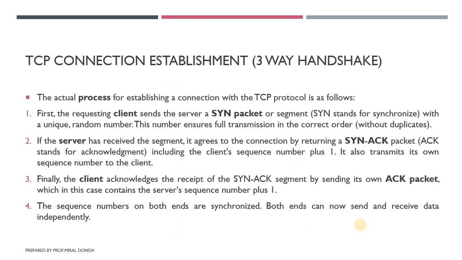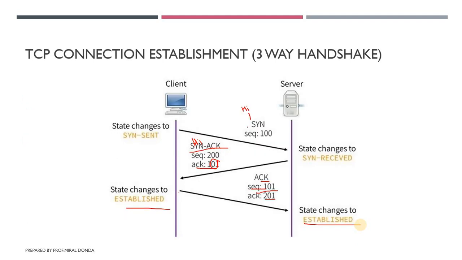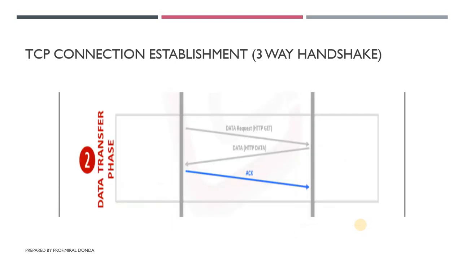The second step is, if the server has received the segment, it agrees to the connection by returning a SYN acknowledgement. It provides the acknowledgement of that SYN packet, including the client sequence number plus 1, and it also transmits its own sequence number to the client. Here it sends a SYN acknowledgement, the client's sequence number plus 1, and its own sequence number 200.